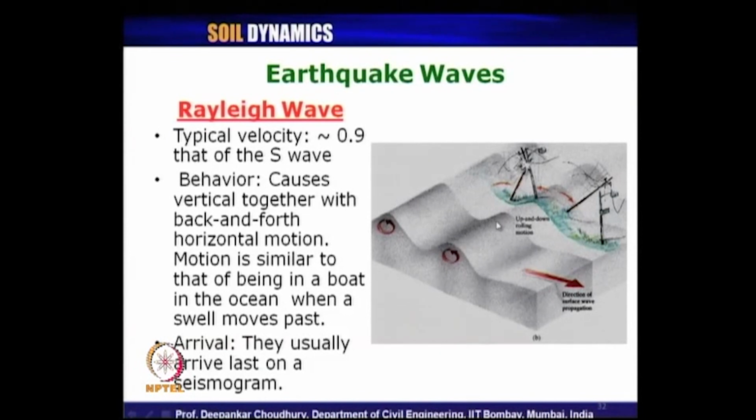And the nature just now we have seen, this kind of rolling upside down movement can occur when the wave propagates in this direction and structure can be destroyed in this way.